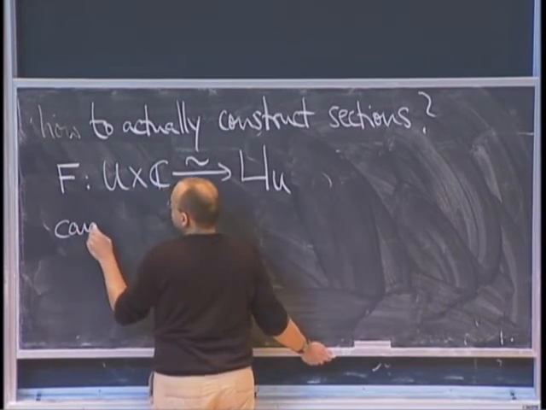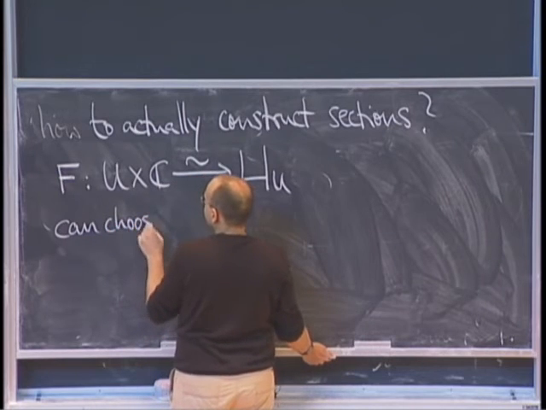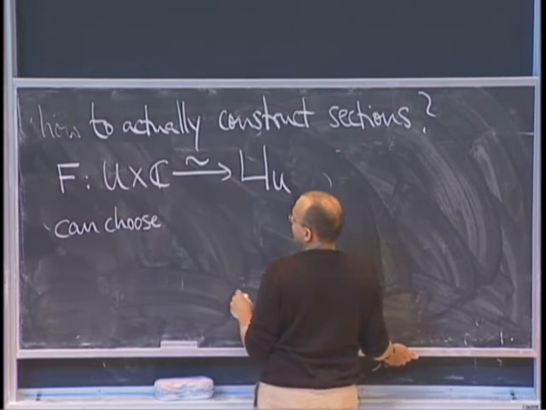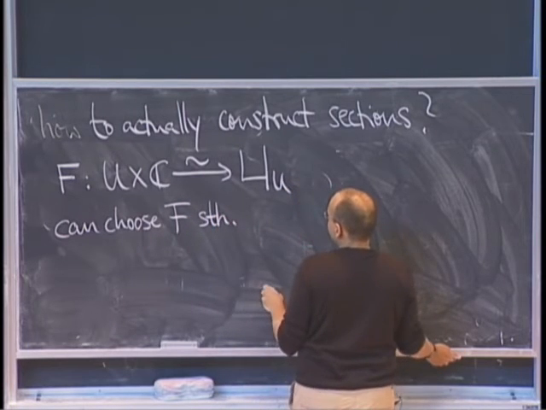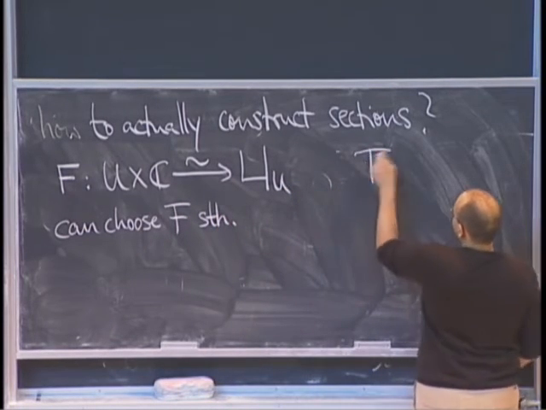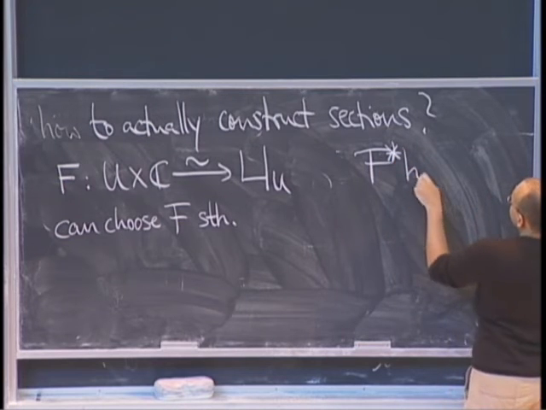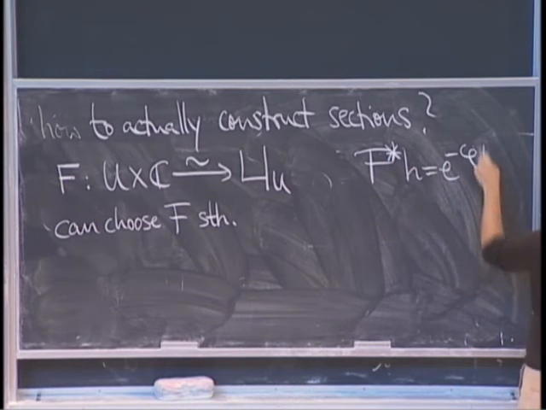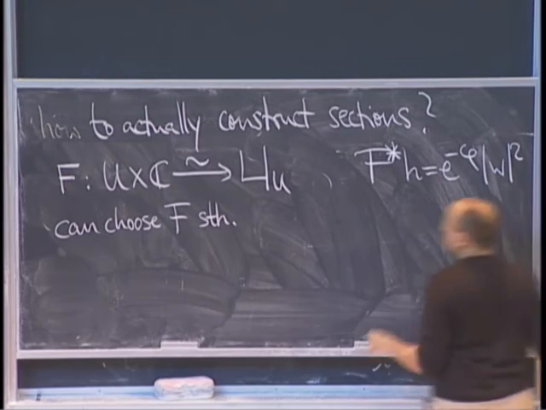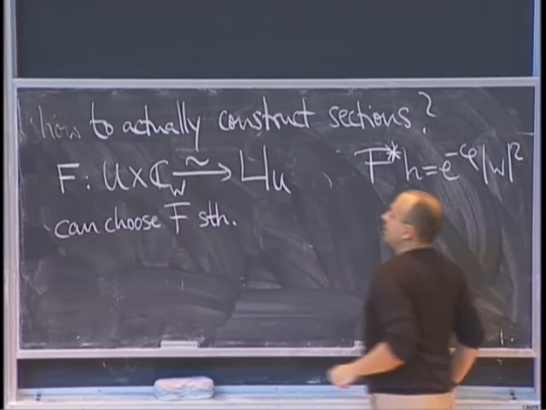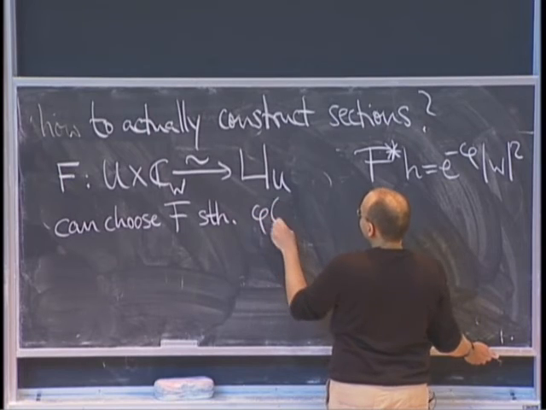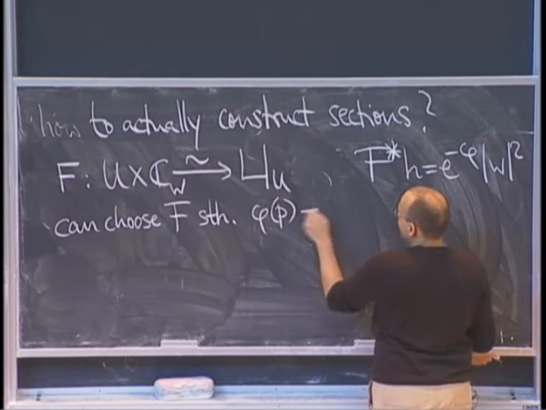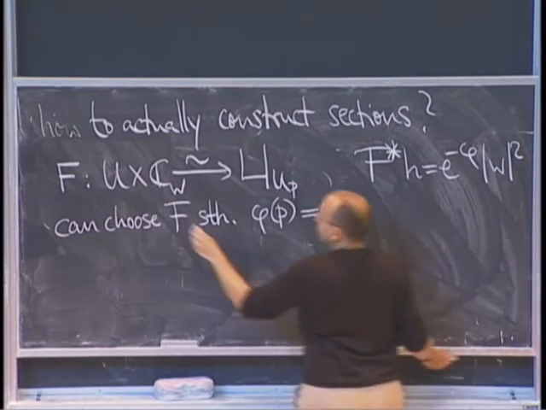I claim that I can choose F such that I pull back my Hermitian metric. That's just going to be e to the minus phi times mod w squared, where w is a fiber coordinate. I'm claiming that I can choose this trivialization in such a way that phi of p is 0 at my base point, so that's the neighborhood of p.